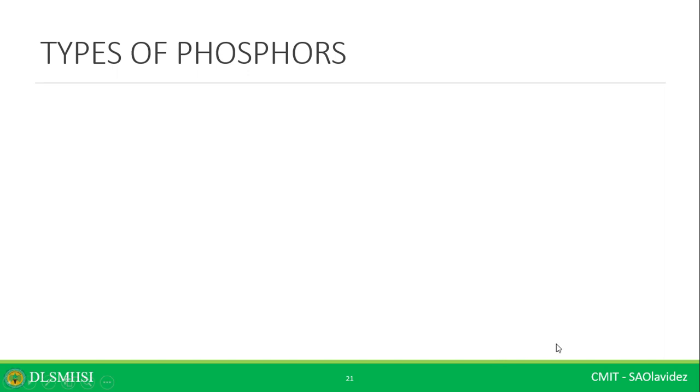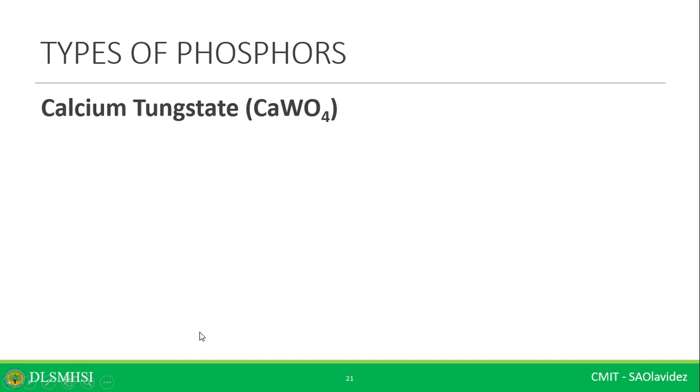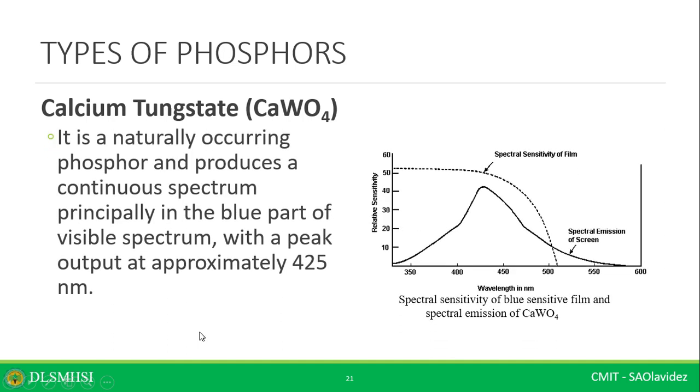Let us now discuss the different types of phosphors. There are two types of phosphors, calcium tungstate and rare earth phosphors. Calcium tungstate is a naturally occurring phosphor and produces a continuous spectrum, principally in the blue part of the visible spectrum, with the peak output at approximately 425 nanometers, which is very compatible with the sensitivity of our monochromatic film, which is also at around 430 nanometers.